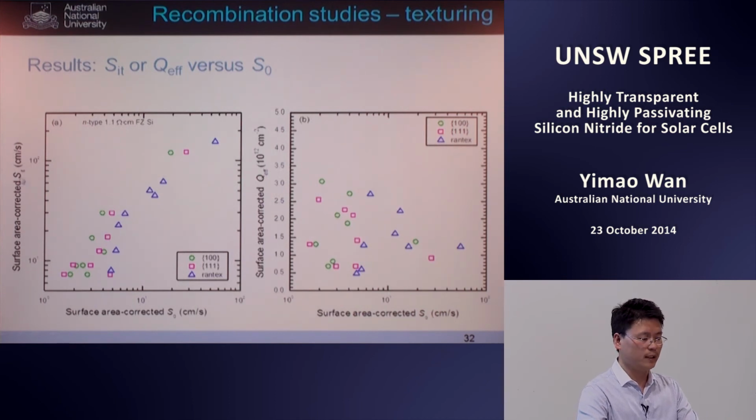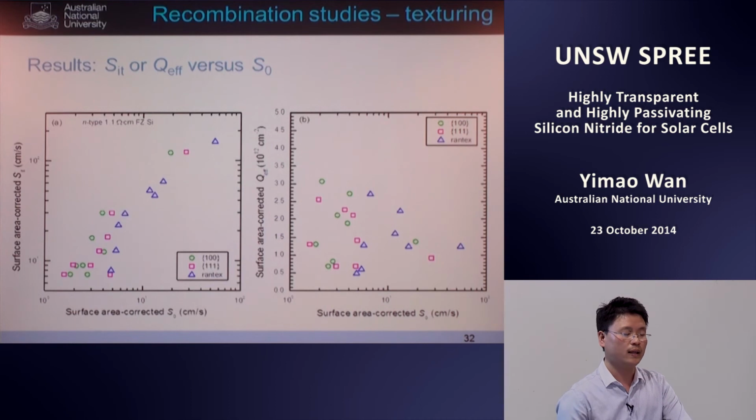So firstly, we can see for the three surfaces, 100, 111, or random texture, it shows quite a linear correlation between SiT and S0, which means the recombination at all three surfaces is dominated by the interface defects.